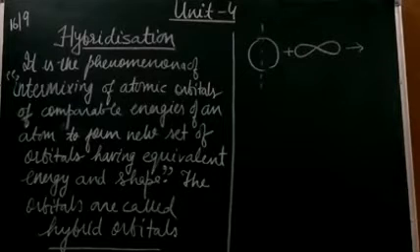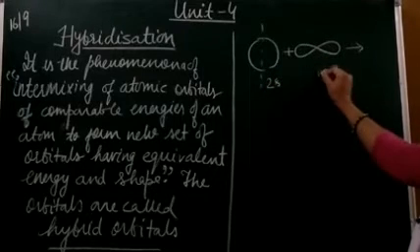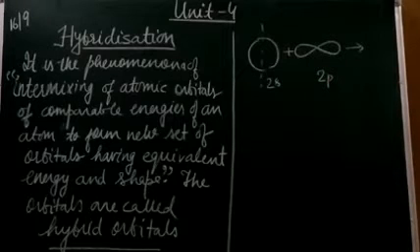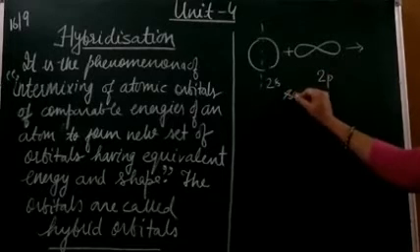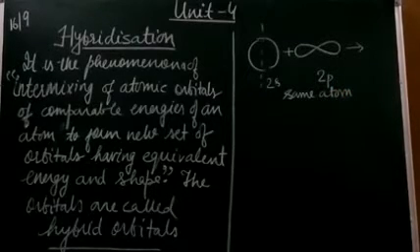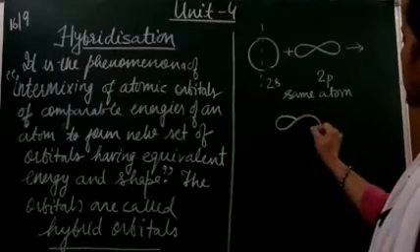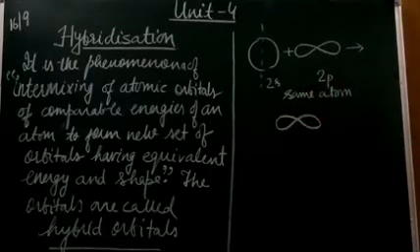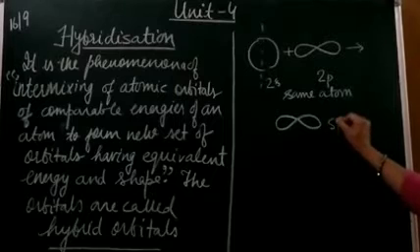Whenever the overlapping takes place between orbitals of the same atom, as a result we get a new set of orbitals, known as sp orbitals.